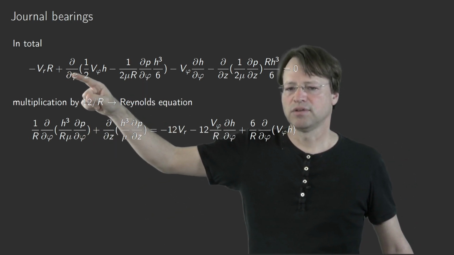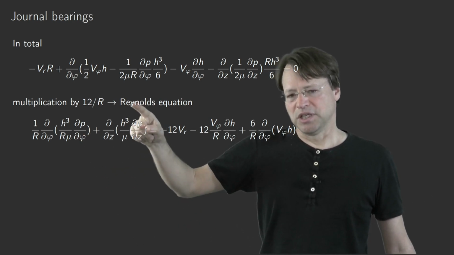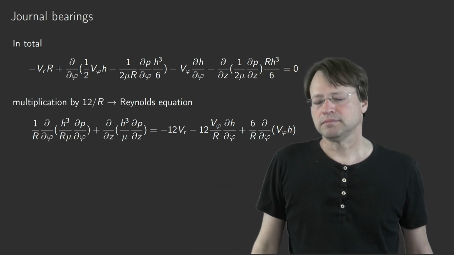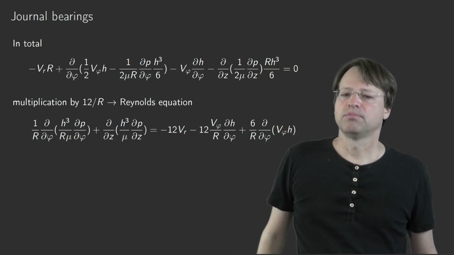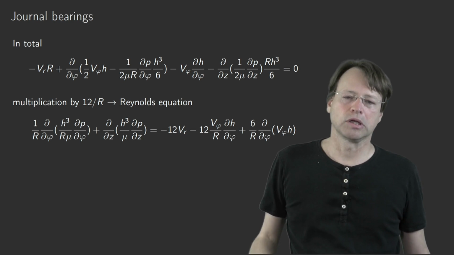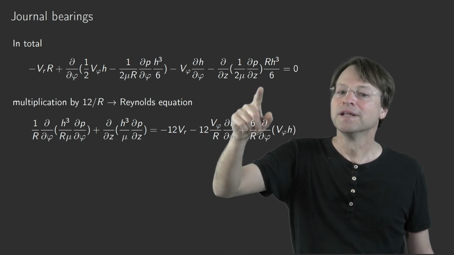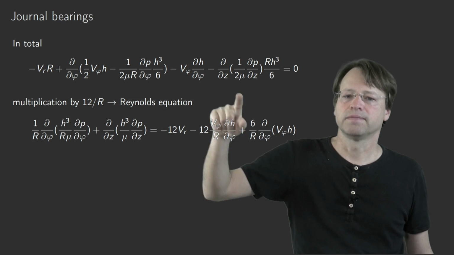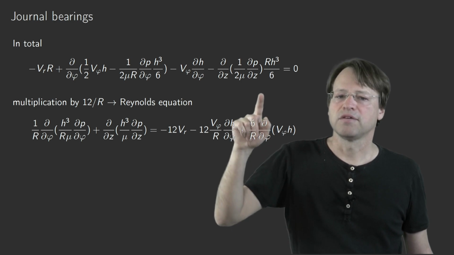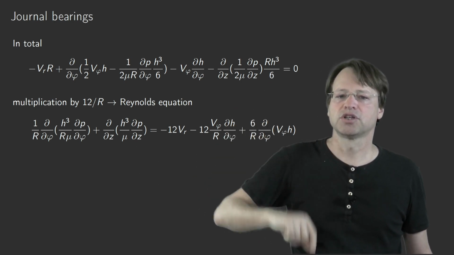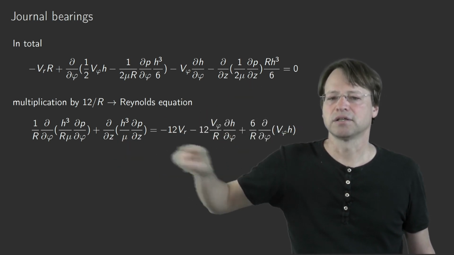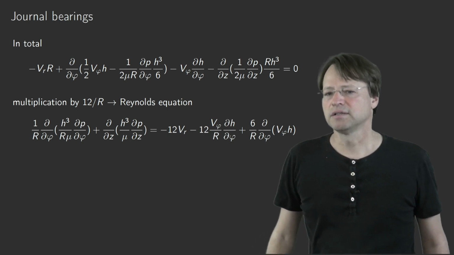We have another derivative with respect to phi that sits there, and we said we multiply by 1 divided by R, therefore the leading factor of 1 divided by R. You see the advantage of multiplying by 1 divided by R in the second term here. I would say it's a cosmetic result. Okay. So this R goes away here. The 12 goes away by multiplication with 12 divided by R. We have dp by dz. We have an h cubed divided by mu, which is here, and we have another d by dz. Okay. So the left-hand side is done.